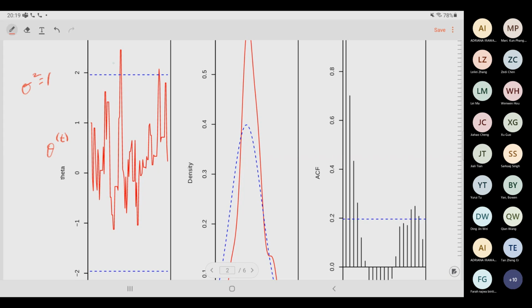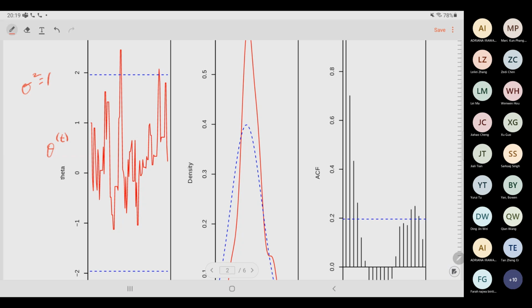Higher means you can go up very high or you can go down very high. This is because your proposal has a higher variance, so they have a higher chance to move more, and more means a longer distance.